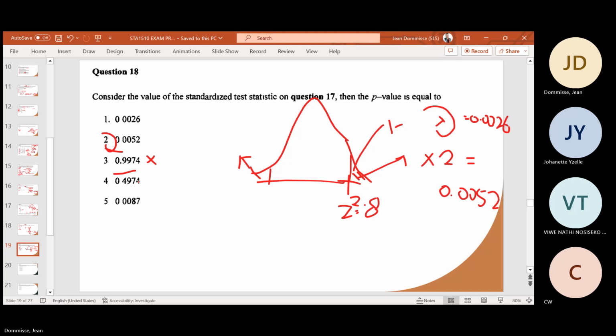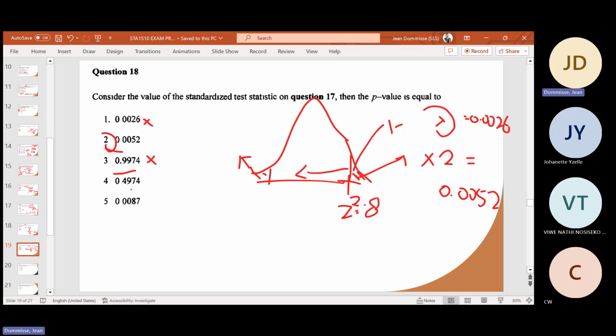Okay, so very easily one could have made the mistake by going for the 0.9974, because that is what we see in the table. But remember that 0.9 is this whole area, including that portion. So we need to find out what is that plus that, because that's the p-value. So the 0.0026 was not the answer, but we need to multiply by 2.